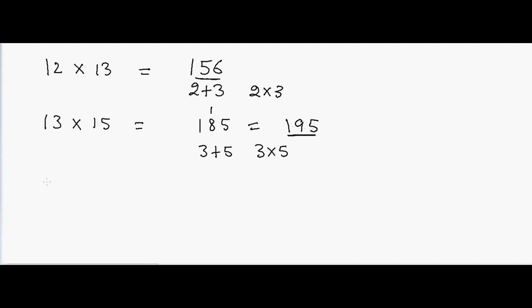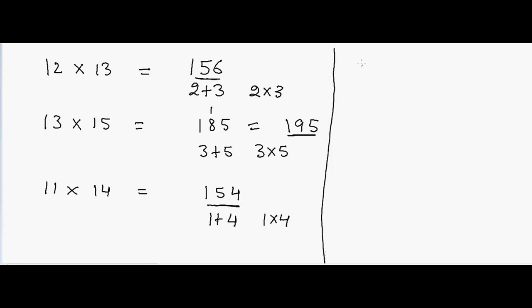Again, if I have 11 and I want to multiply by 14, then that will be equal to 1 plus 4, it's 5, and 1 into 4, that's equal to 4. Answer is 154.